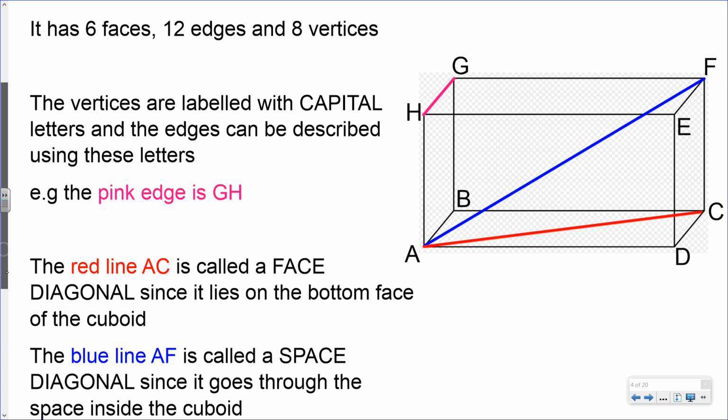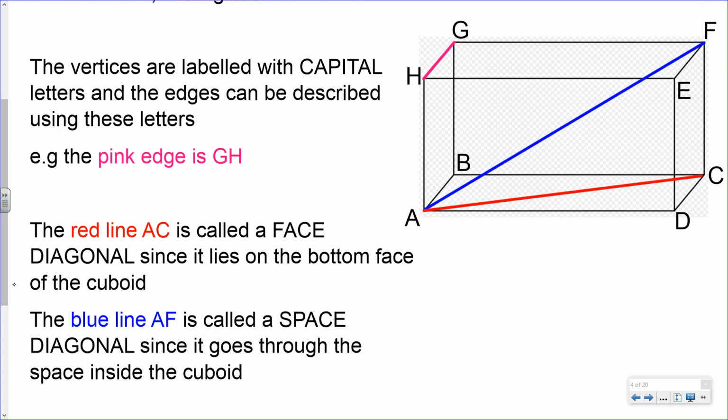Now, the next bit of information is new. The red line, A to C, goes on the diagonal between the two vertices on the bottom face of this cuboid. Therefore, this is called a face diagonal, since it lies on the bottom face of the cuboid.